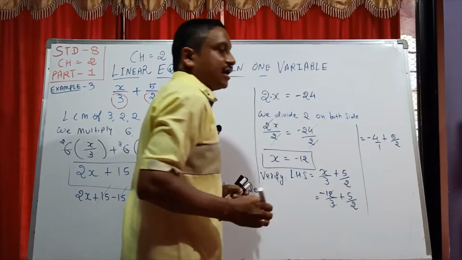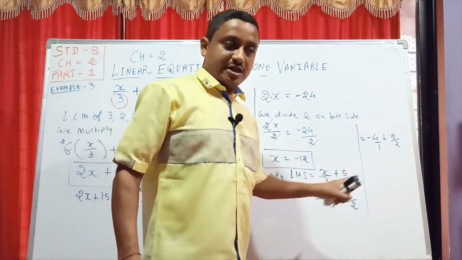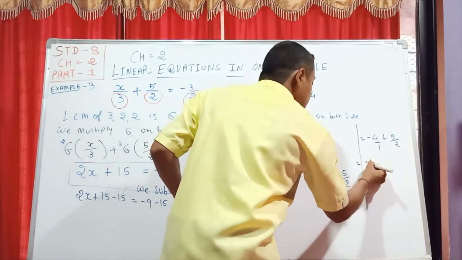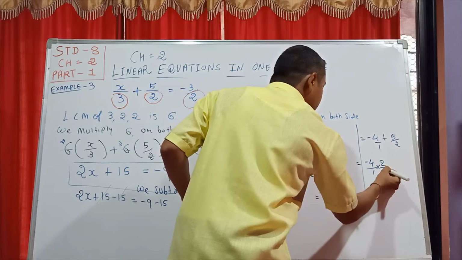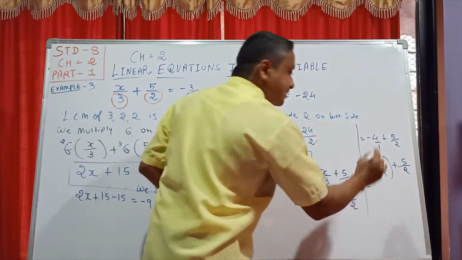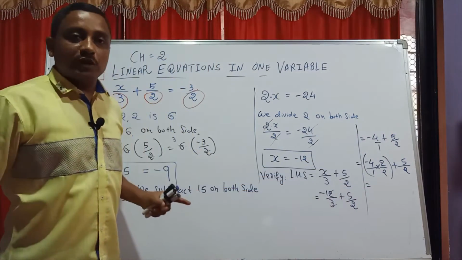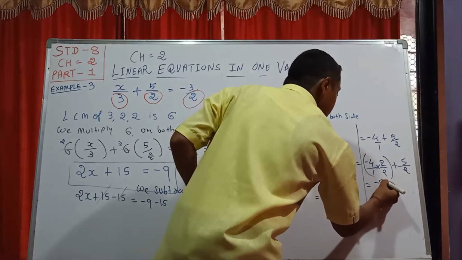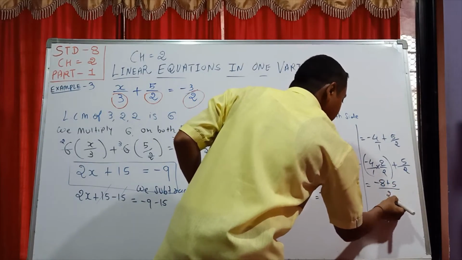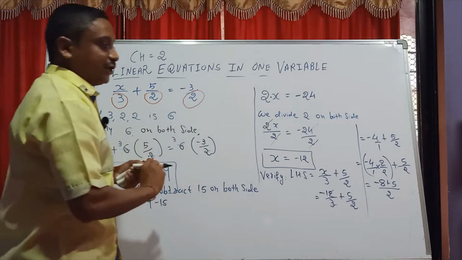Now students, I take the LCM. You know what the LCM of 1 and 2 is? Yes, it is 2. So I multiply by 2 and divide by 2, because I take LCM 2. Now check out, these values are totally with LCM 2. So minus 8 plus 5 by 2. And then you know what minus 8 plus 5 is? Yes, it is minus 3.